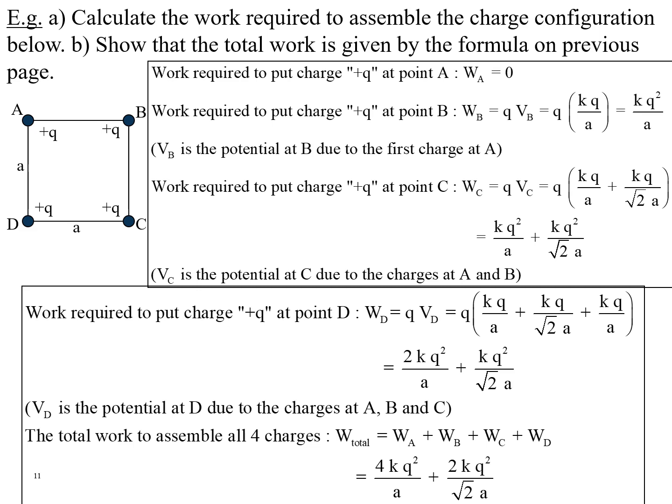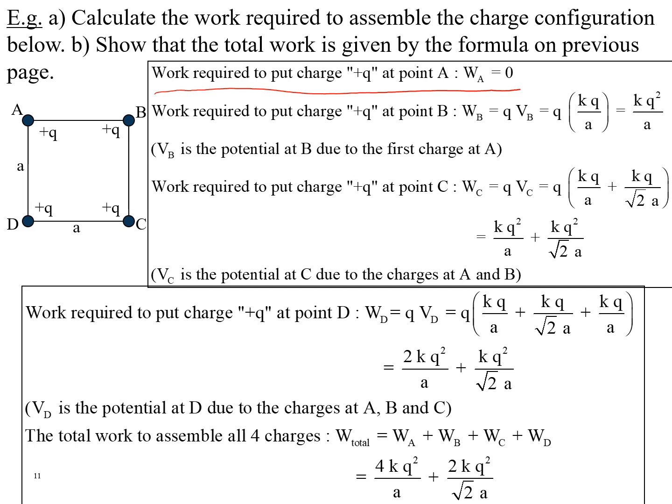Imagine, if you like, that only the charge at the location A is present, then the work required to put that charge at its current location is exactly 0. Now imagine that the charge B is pulled in from infinity and dragged to its current location. The charges C and D are still not present.